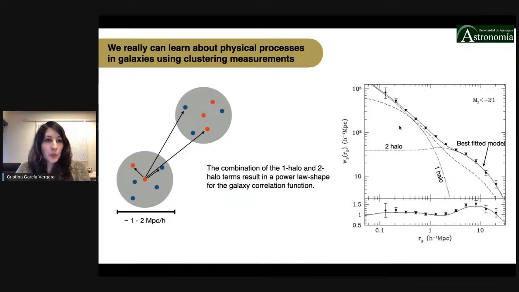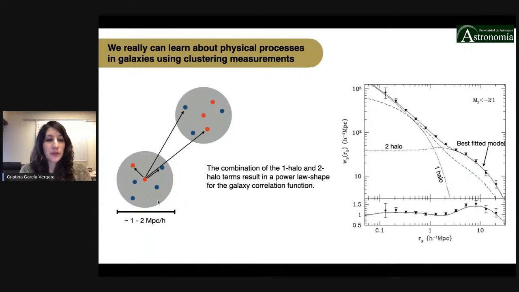More focused on what we learned today, we understood why we measure a power law shape for the correlation function. I explained that this is the result of the contribution of two terms, the one halo and the two halo term.